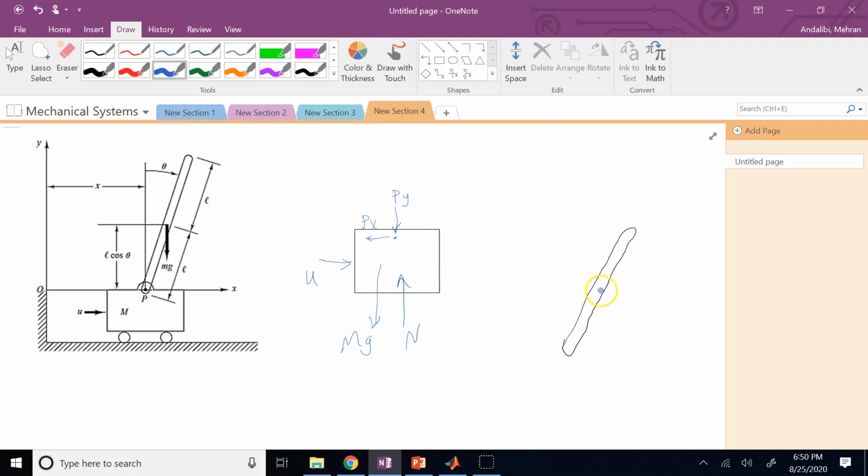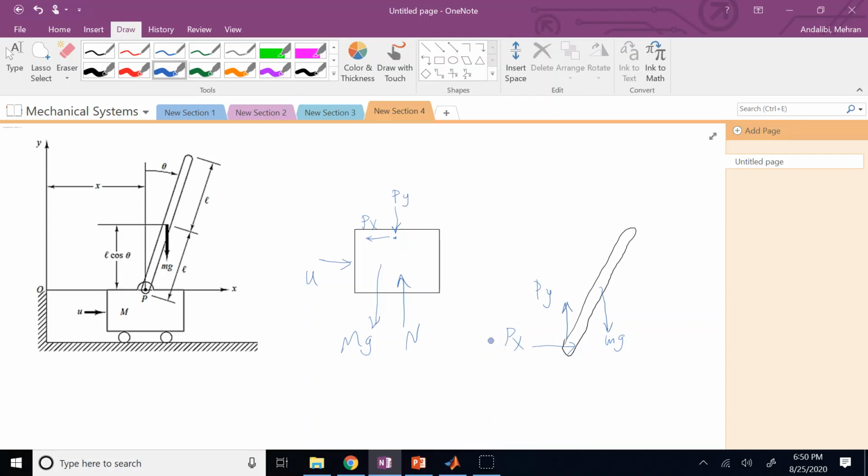And then for the pendulum, you have, of course, at the centroid, M times G, and then the reaction to those pin forces, correct? So PY and PX. So these are your free body diagrams.